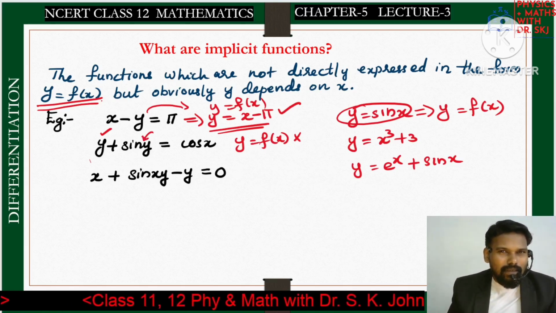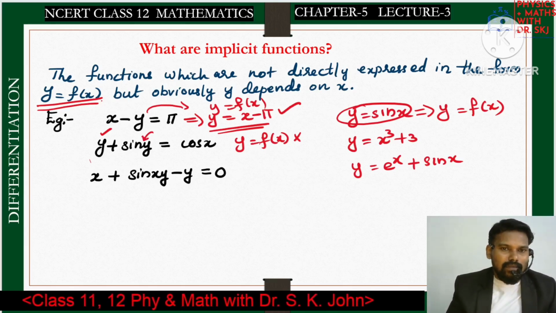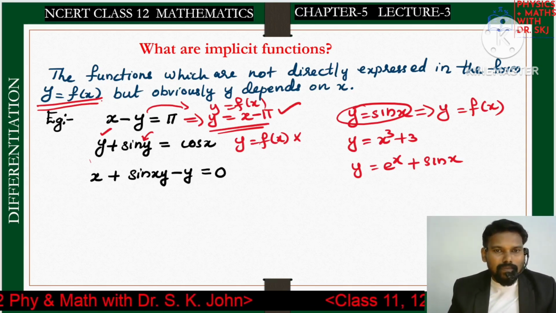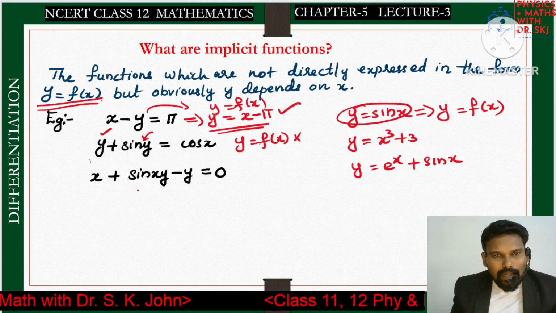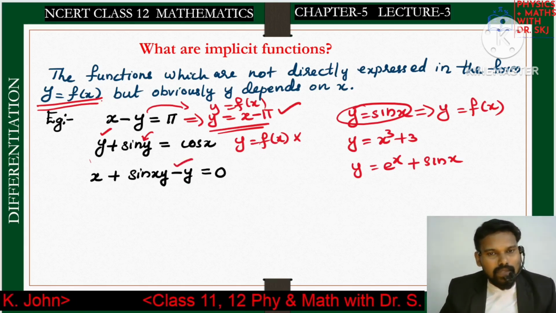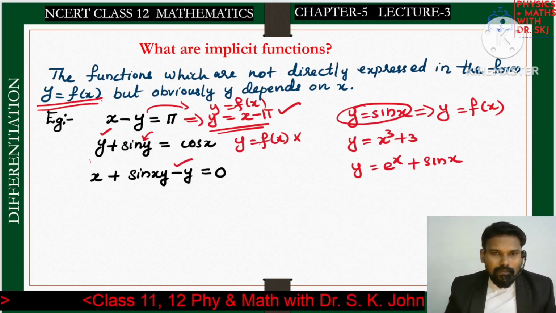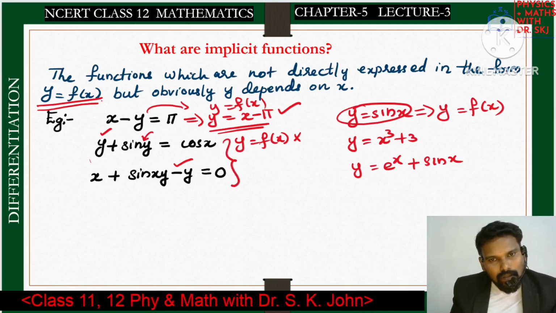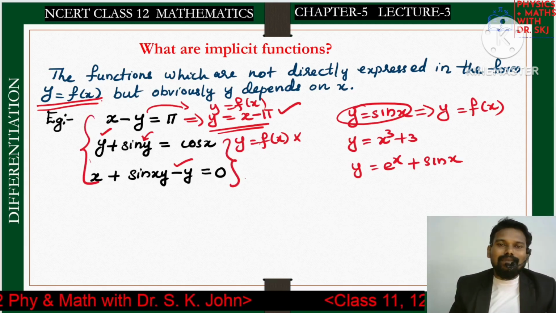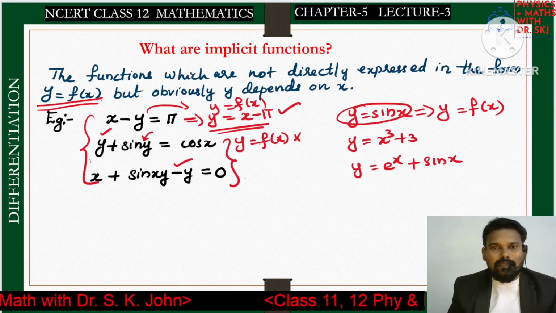So we cannot easily take out y and write it in the y equal to f of x form. Here also we cannot easily find y in terms of x. All these functions are implicit functions.